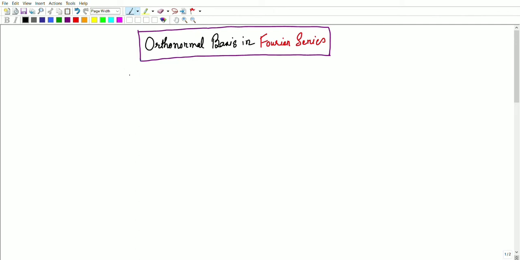So now we are going to understand the orthonormal basis, but before that let me write down that expression for the Fourier series first. If we are interested in finding the Fourier series of this function f(x), then this Fourier series has been written with an cos nx plus bn sin nx.